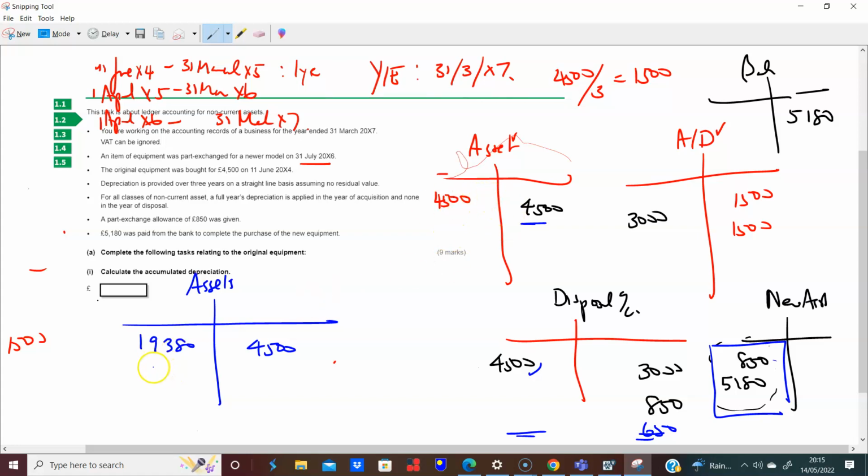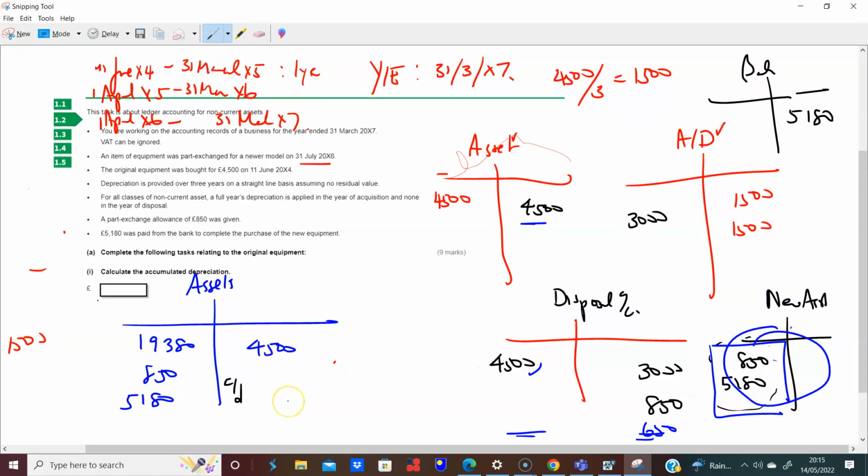Then, of course, you have now acquired this new asset here. So what I'm really trying to do is add these together. Let's change my pen color, asking what is the carry down figure of my new asset account?